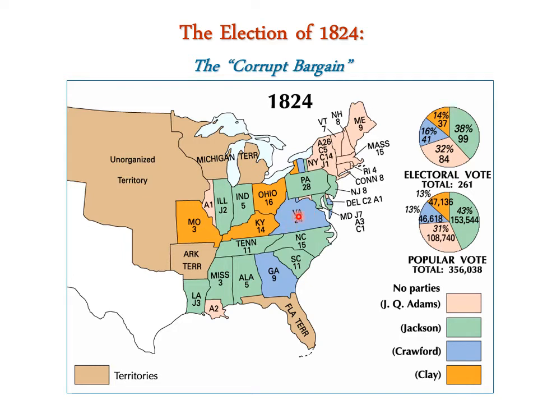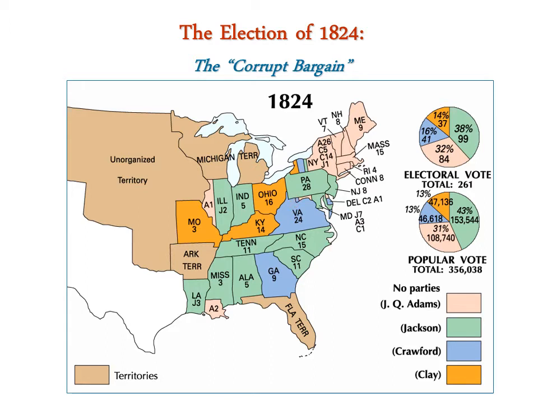Look at all those electoral votes. And Georgia, and then a couple random counties here and there. Jackson is by far the winner of the most electoral votes, 99, and the popular vote, 153,000. And then you can see Henry Clay gets his home state of Kentucky, Ohio, Missouri, and a little bit of western New York right here.